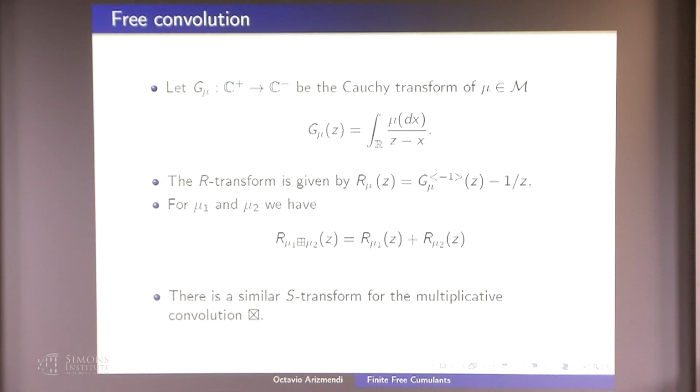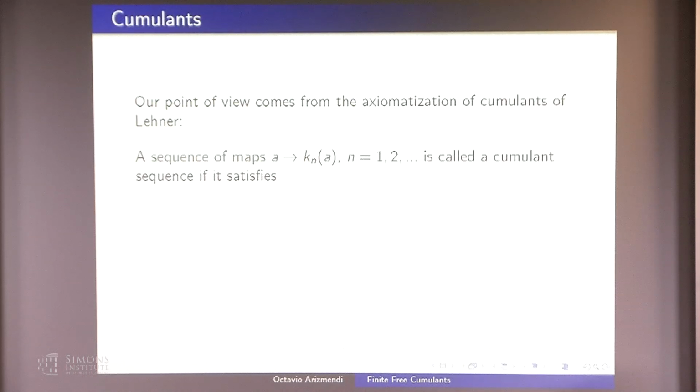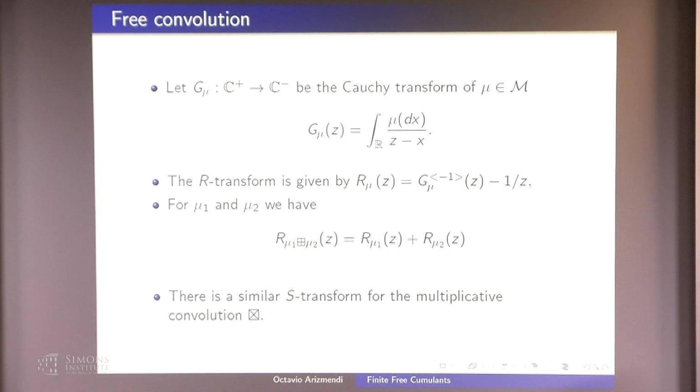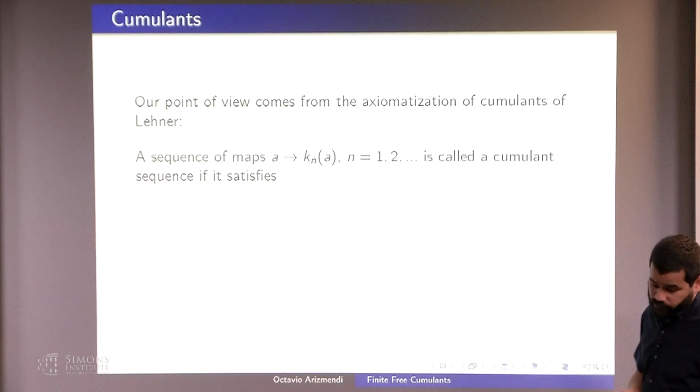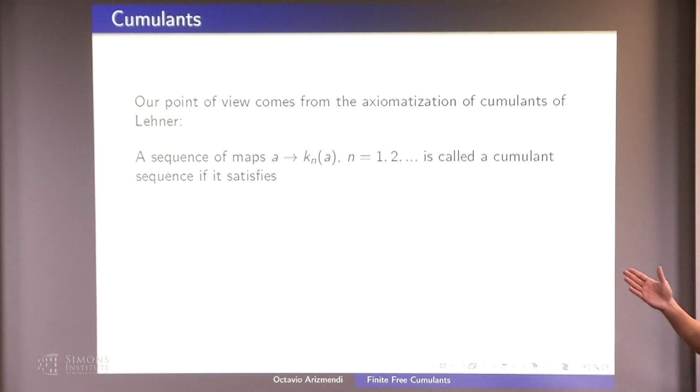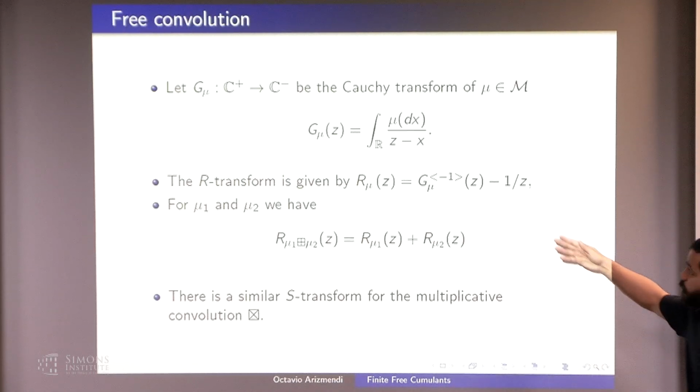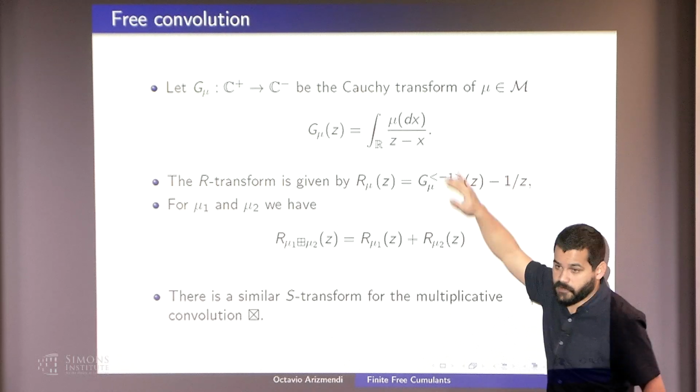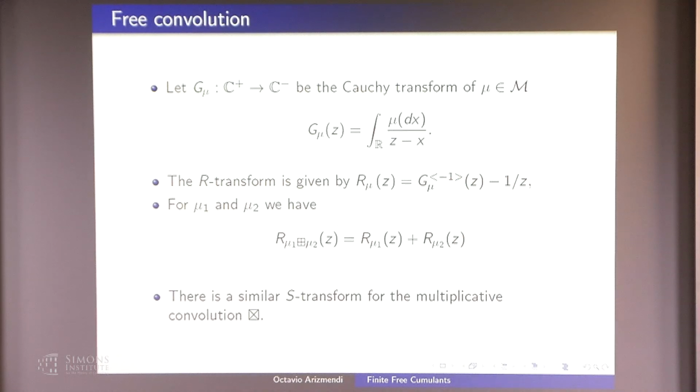And okay, there is something similar for the multiplicative free convolution, which is called the S-transform. And what we want is, if we have the moments calculated by the Cauchy transform, somehow if we want to calculate the moments of the free convolution, the formula becomes very complicated.